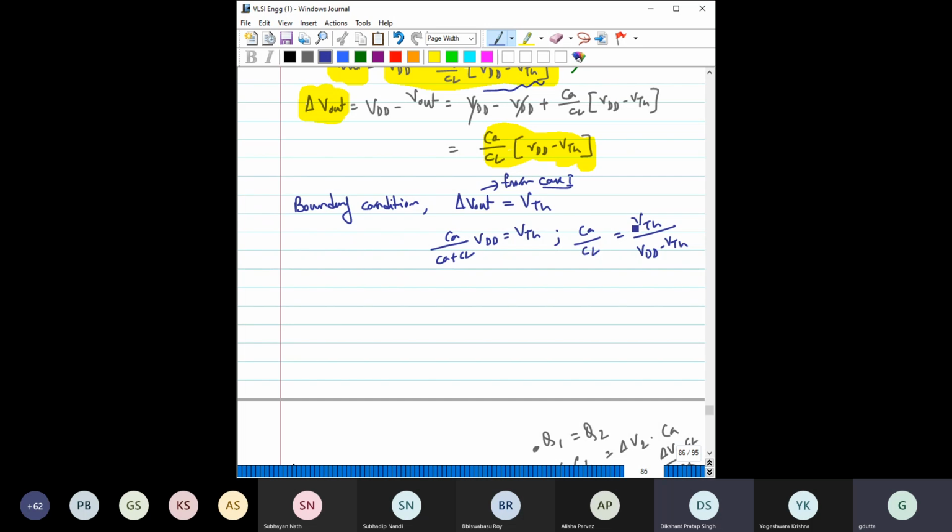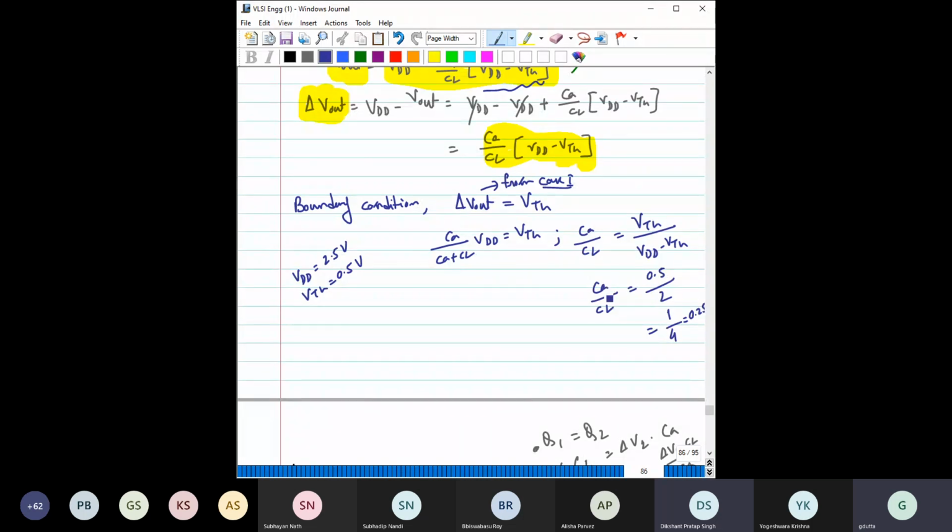Right. So let us just take some example. Let us say this VDD for some case equal to 2.5 volt, VTH equal to 0.5 volt. So CA by CL comes out to be 0.5 over 2.5 minus 0.5, which is 2, so this is 1 by 4, so this is 0.25, right?